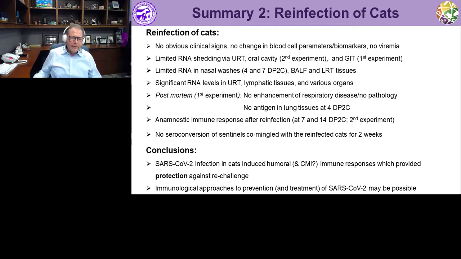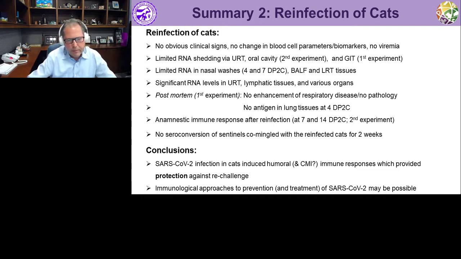And we had significant RNA still after reinfection in the upper respiratory tissues, lymphatic tissues, and various organs. However, at postmortem, and we only have done it in the first reinfection experiment on day 4 post-secondary infection, we could not see any enhancement of respiratory disease and no pathology, and also no antigen or RNA in lung tissues.